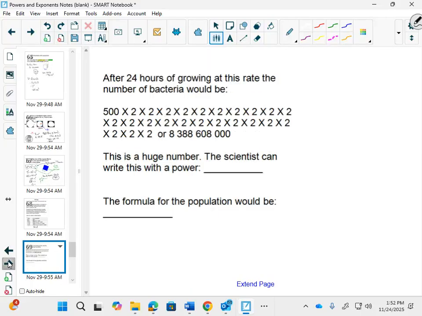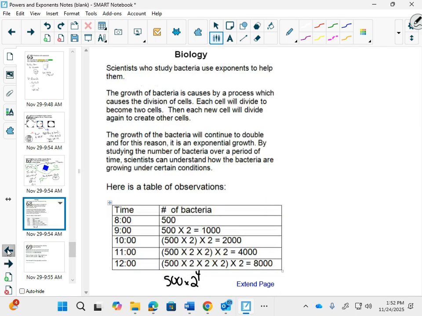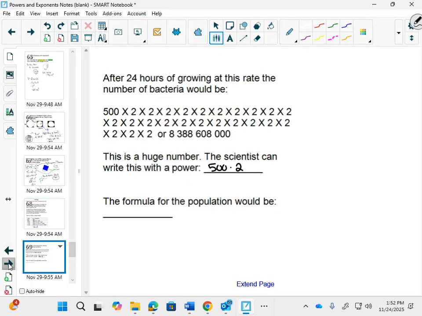Now after 24 hours, we could write this out, although that'd be a little bit annoying. Wouldn't it be nicer to write this as 500 times 2 to some power? How many 2's would be there after 24 hours? After 1 hour, there's 1 two. After 2 hours, there's 2 twos. After 3 hours, 3 twos. After 24 hours, it would have doubled 24 times.